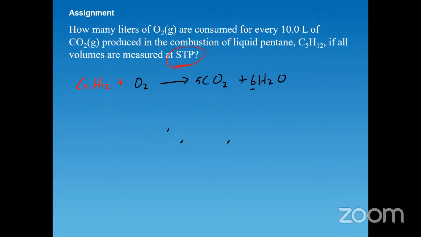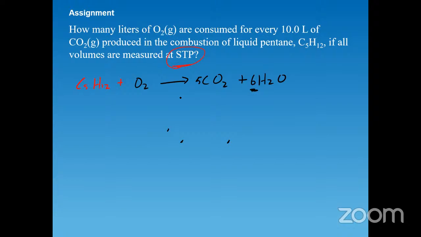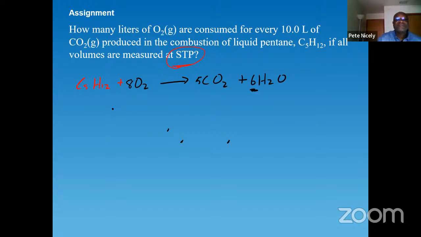No, at the end you have a 6 here. So what's the total number of oxygens on the right side? 16. So how would you make this 16 on the left side? You would put 8. Exactly. And that's it. So that would be the balanced equation, right?